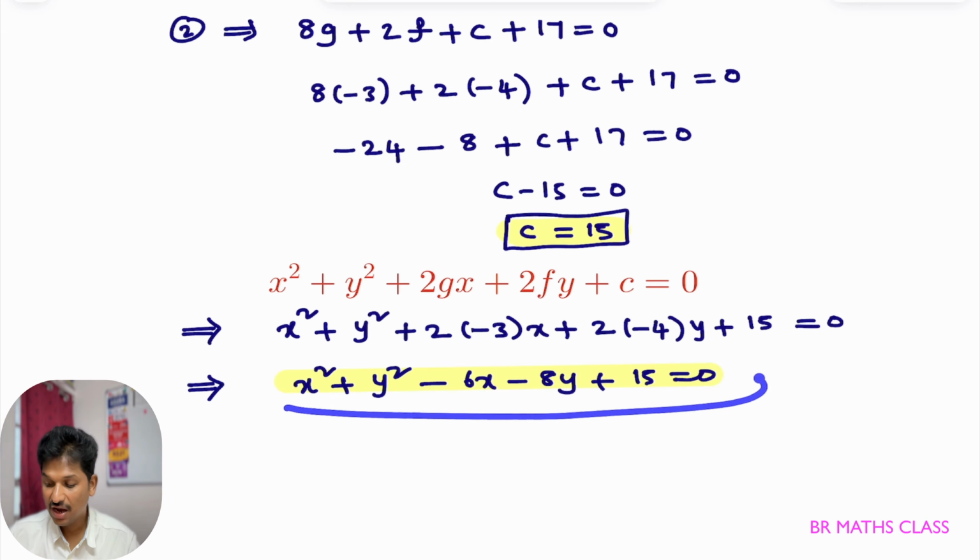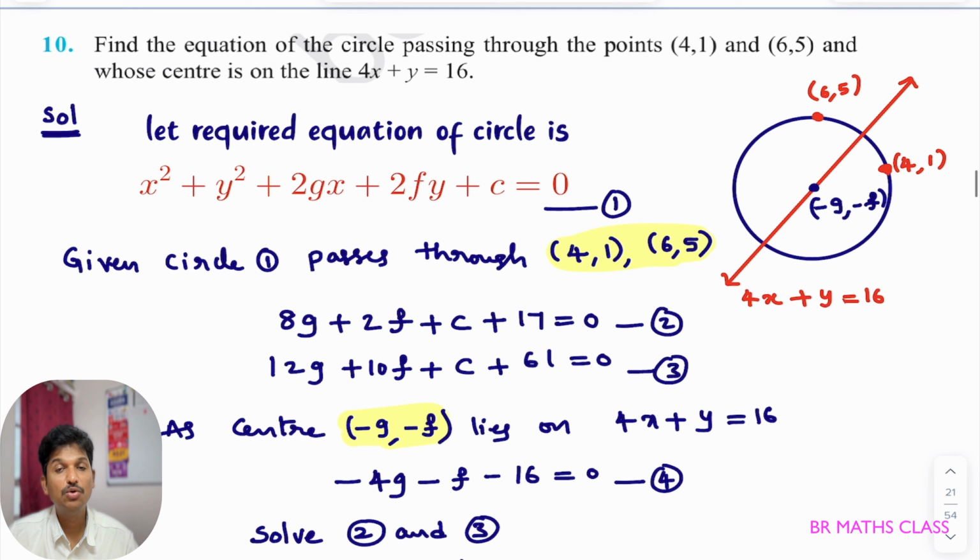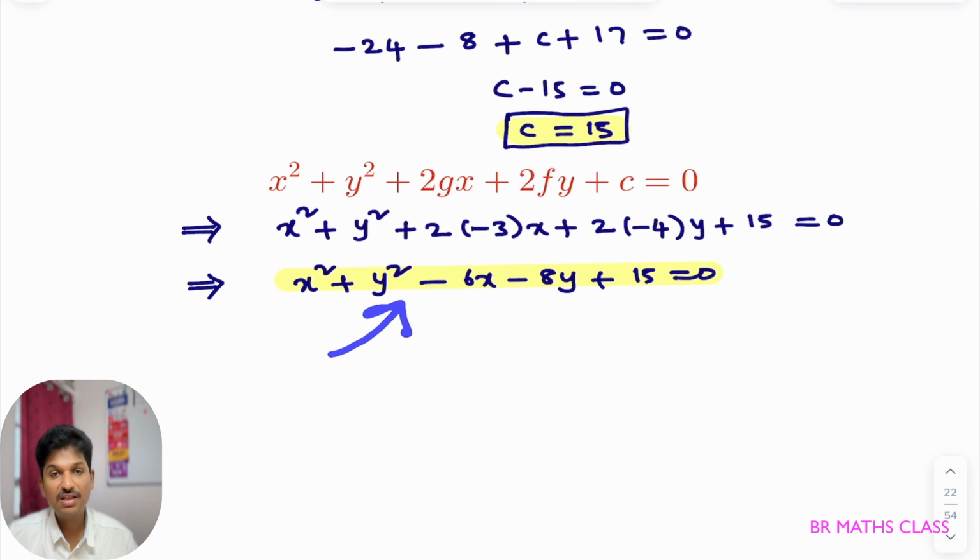This circle 100% passes through the given 2 points. If you have any doubts whether we got the correct answer or not, when you substitute these 2 points in this circle equation, it must and should satisfy, right? Otherwise we got the wrong answer only, right? So this is the way to find the solution of this problem.